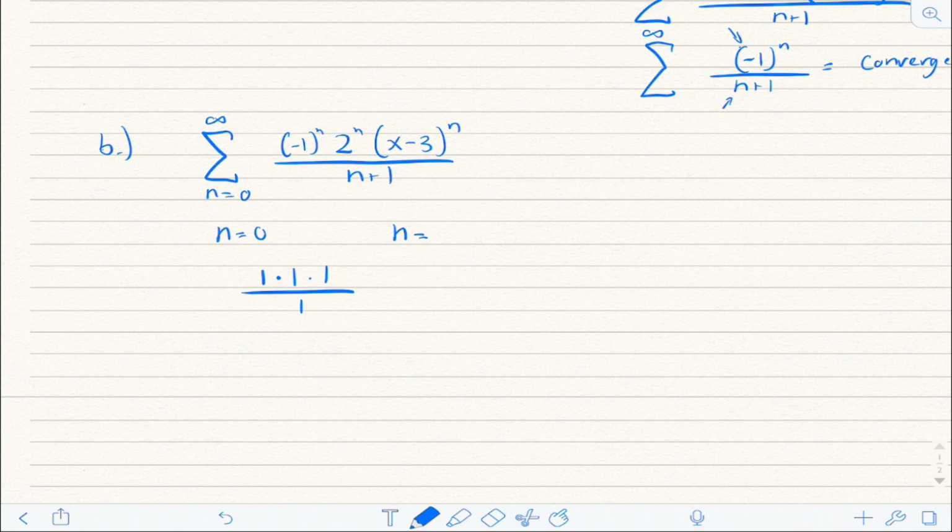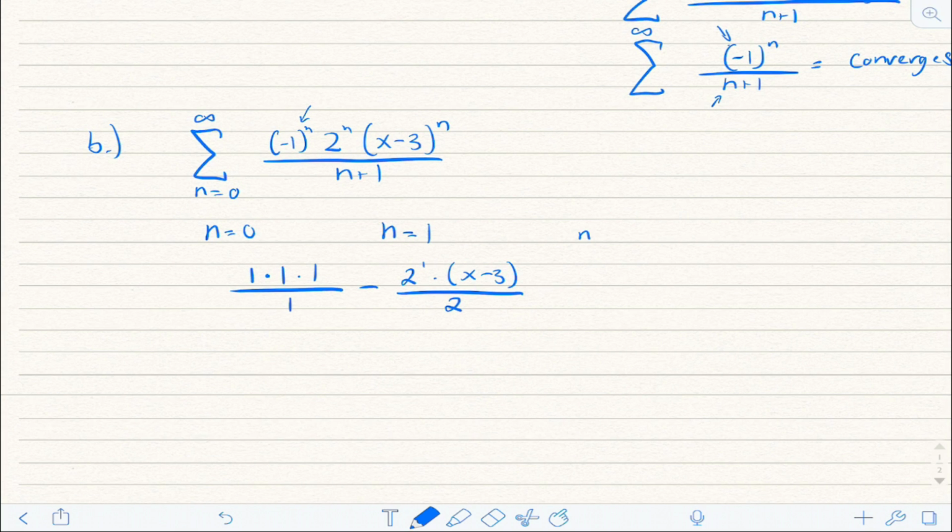Now, when n is equal to 1, this value becomes negative, so we get a negative value: 2 to the first times x minus 3 over 2. You can see that the 2's cancel. Since we're trying to write the first 4 terms, let's go out to n equal to 3.